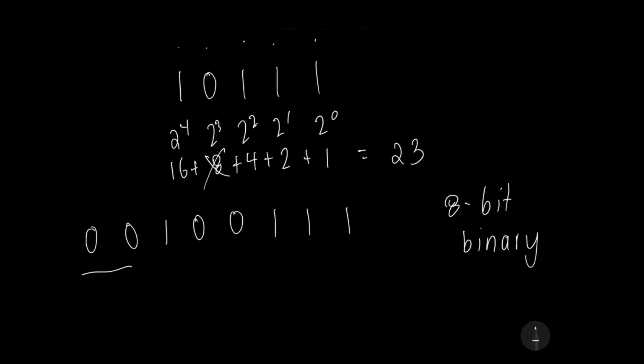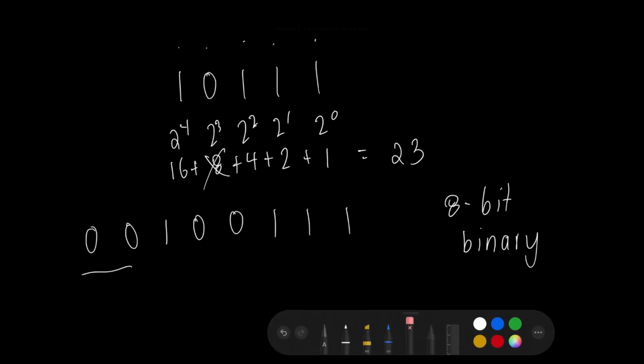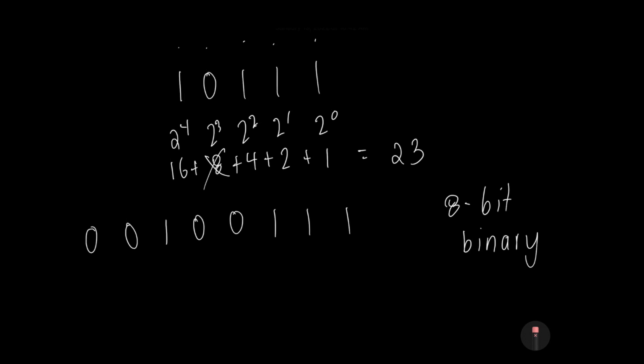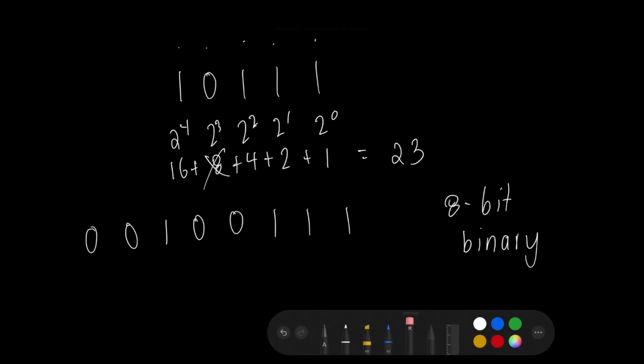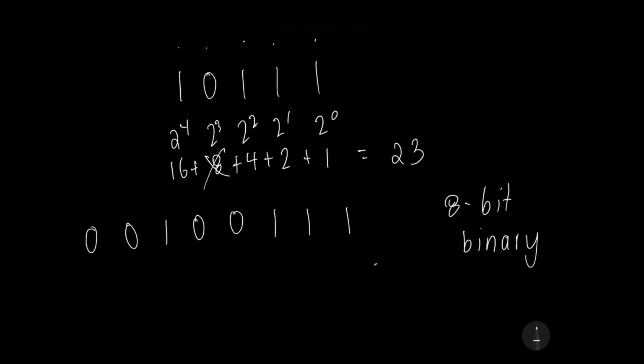These just end up being 0. But it's still worth showing you this format just so you see how it would appear in an exam situation. Or really in a computer context, because values like 8 bits, 16 bits, these are all common values that are used in computerized operations.